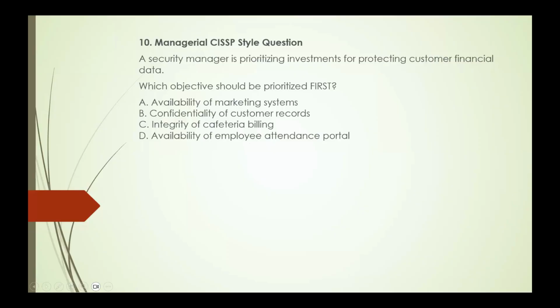Because protecting sensitive financial information is the highest business risk, the correct answer would be confidentiality of customer records. It's nothing about availability of marketing systems or integrity of cafeteria billing, and not even availability of employee attendance. So it's only about the confidentiality of customer records, which needs to be prioritized first.